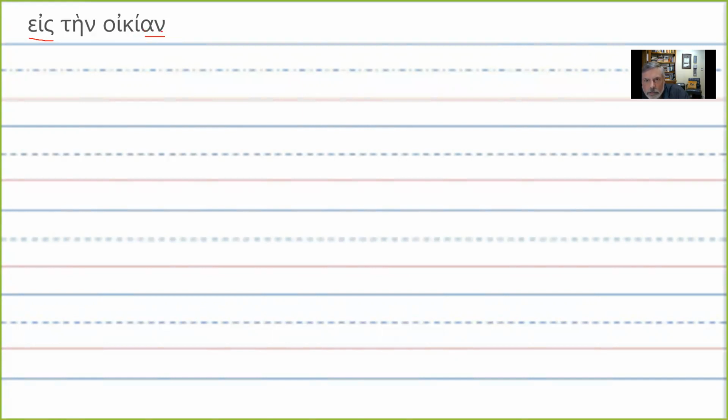Here we see the feminine in the accusative, and I know it's the accusative because I know my articles: there's ten, the feminine with the eta, and the nu for the accusative. And so eis, meaning into the house. And that's all you do.